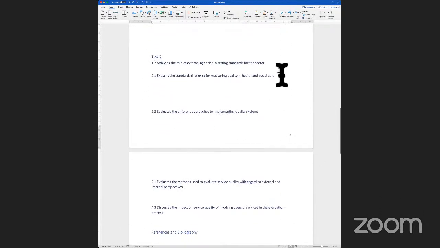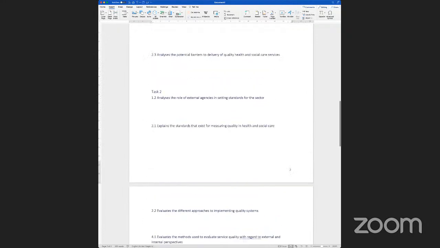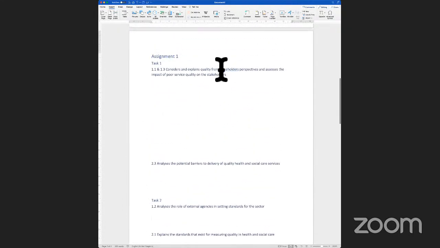Now, because there is a PowerPoint presentation involved in the first assignment and in task 1, you might be looking at putting some bits of evidence here, which would essentially be like speaker notes, but you would also develop a PowerPoint presentation. And that would be a couple of slides, I would say, because it covers assessment criteria 1.1, 1.2, or 1.3 and 2.3.